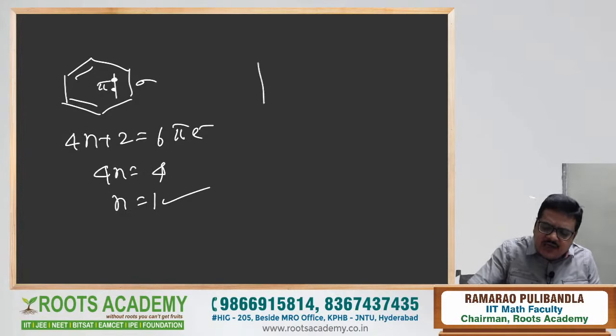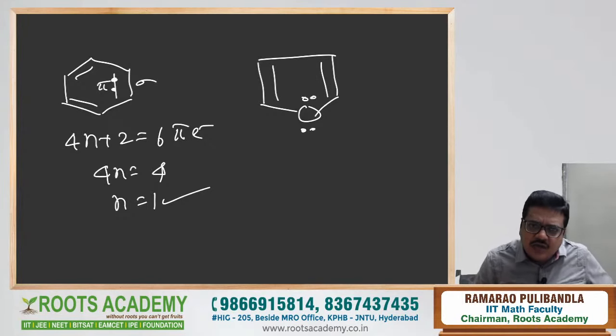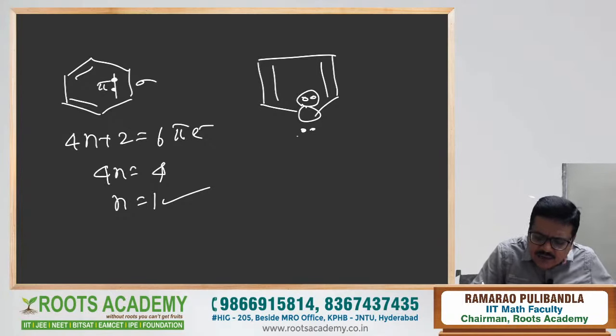If we consider a compound like this, with oxygen having two lone pairs, is it aromatic or not? It is aromatic. Some of you are asking, sir, two lone pairs are there, so are both involved in resonance?